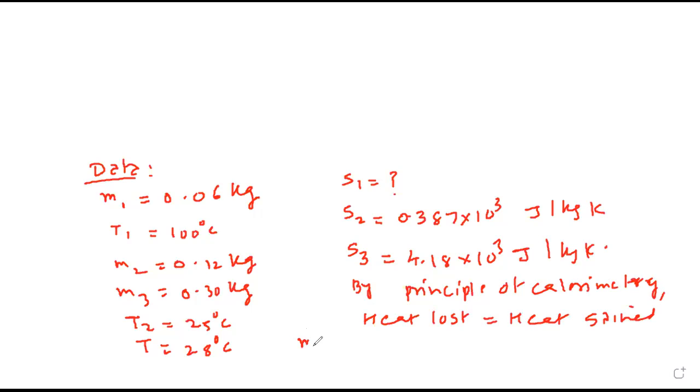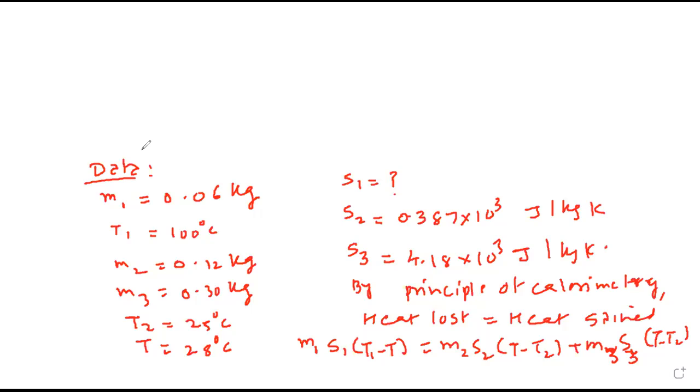So mass of sphere, specific heat of sphere, change in temperature of sphere T1 minus T, equals mass of copper, specific heat of copper, change in temperature of copper, which is T minus T2, plus mass of water, specific heat of water, M3 S3 into T minus T2.